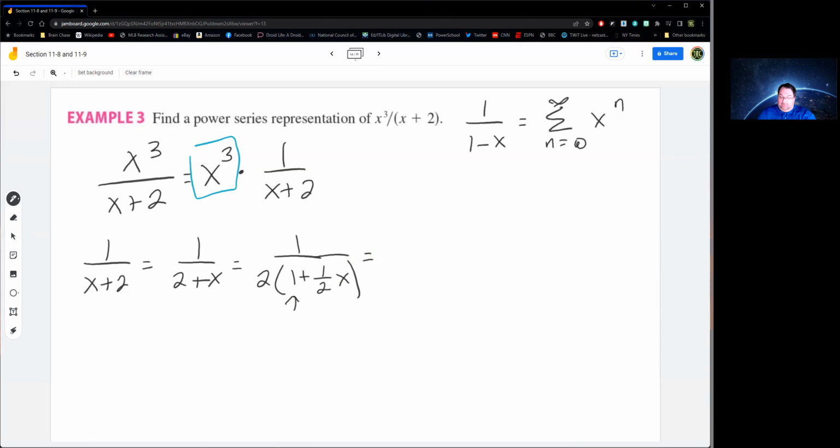So I have the 1/2 out. I can take that whole thing out there, so I don't have to worry about that 1/2. I have 1 over 1 plus, or actually, let's change the sign, minus negative x over 2.